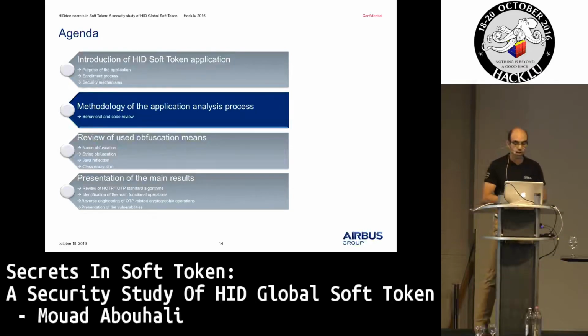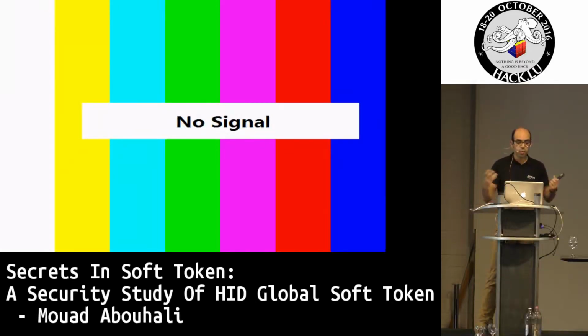So here I am just presenting the global methodology that I followed during the analysis. Nothing new here. Two main phases. I go back and forth between two main techniques, code analysis. Here I mainly used IDA Pro for reading and debugging the Java bytecode.